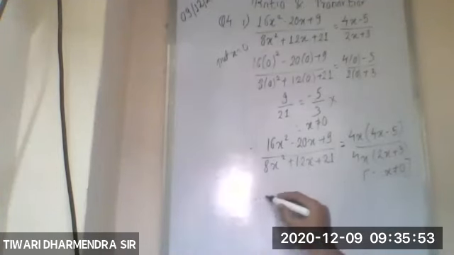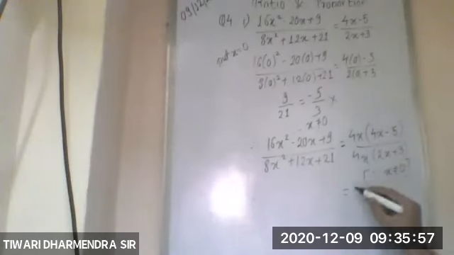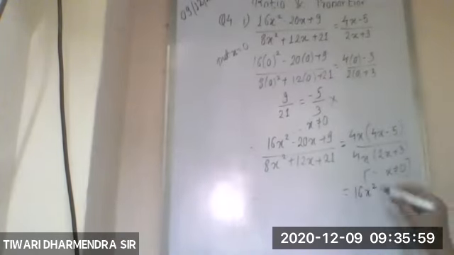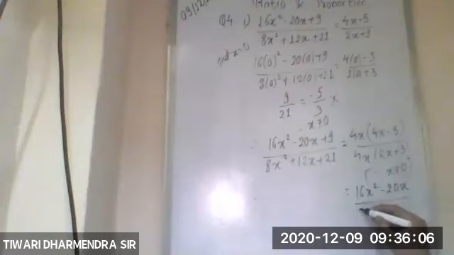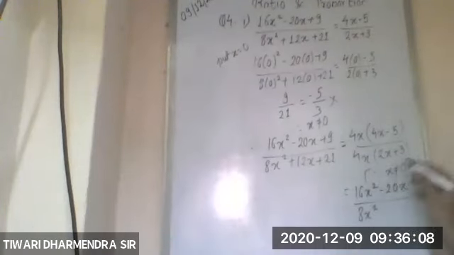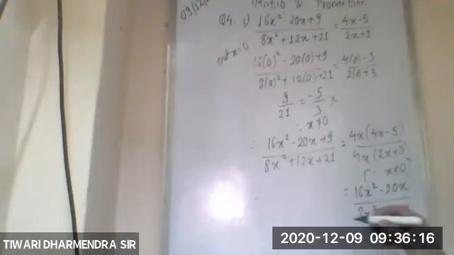So therefore, what do we get? This is equal to 4 into 4 is 16x square, 4 into 5 is 20x. What remains? Denominator: 4 times 2 is 8x square plus 4 times 3 is 12x. I got this. So now what will we be doing?